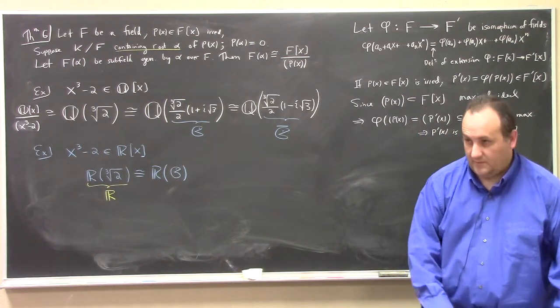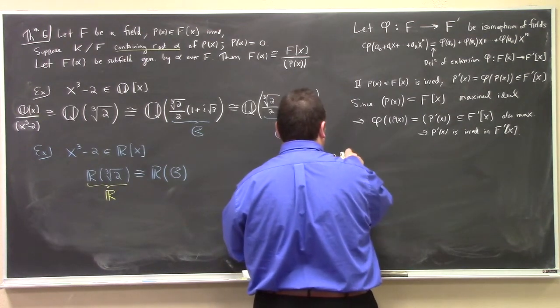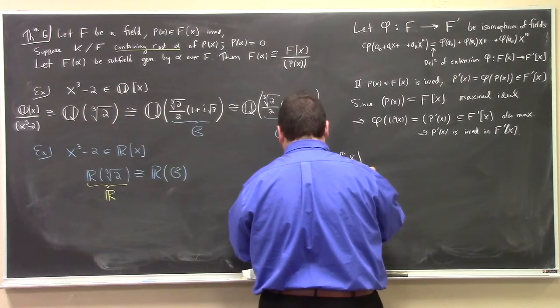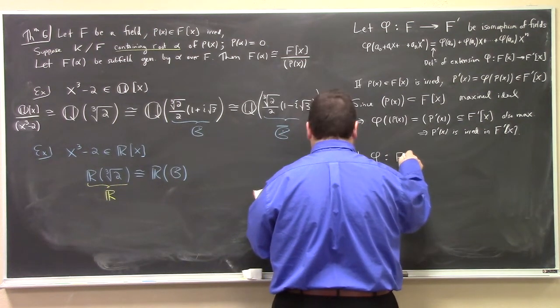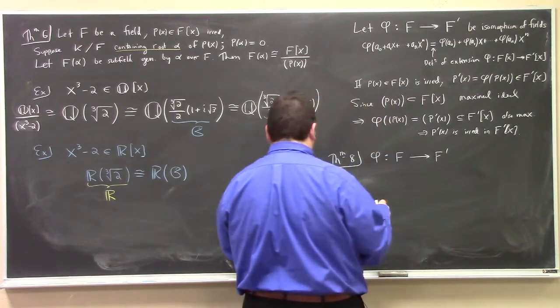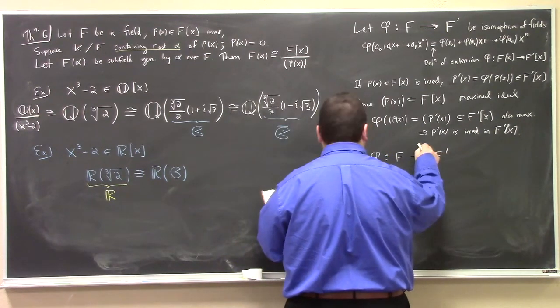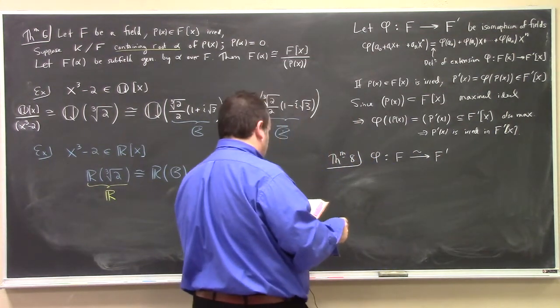So here it is. This is theorem 8. He has phi mapping from F to F prime, and I guess when he puts a tilde like this, that means an isomorphism of fields.